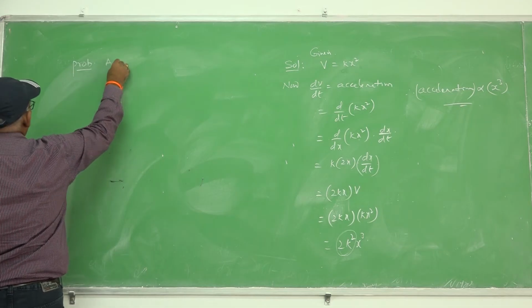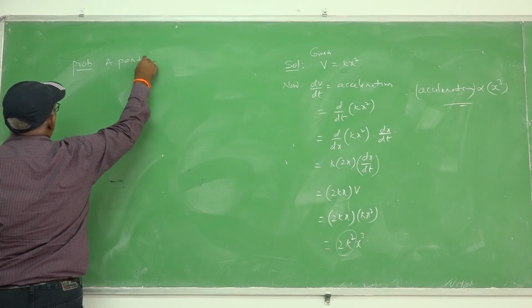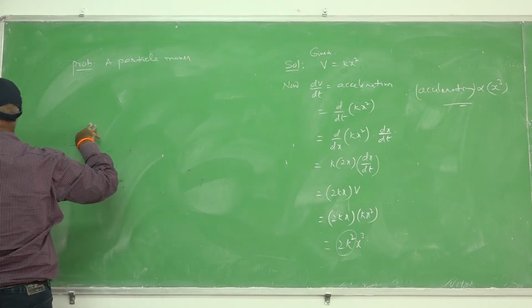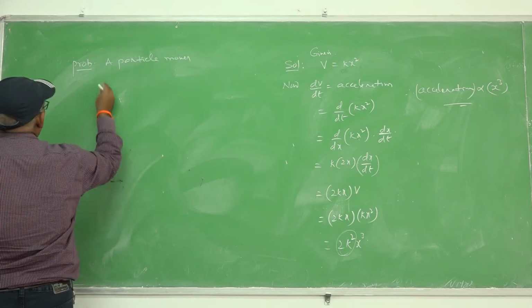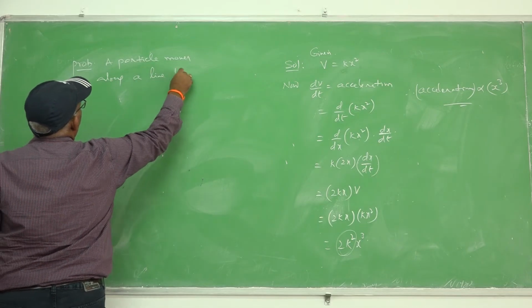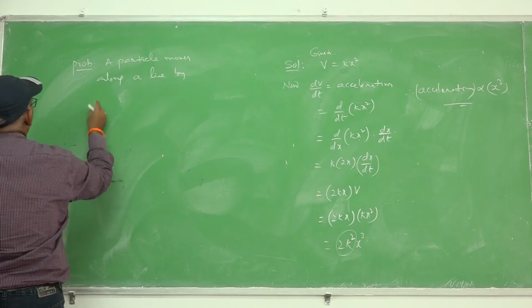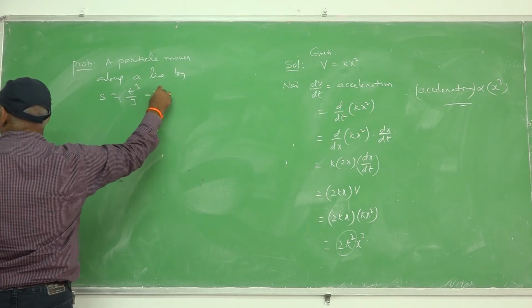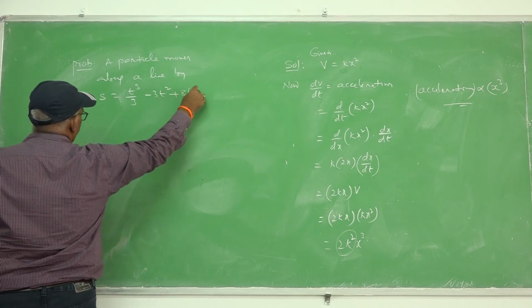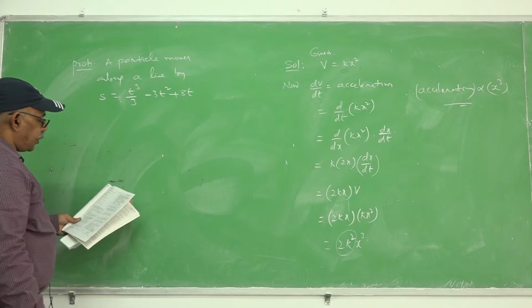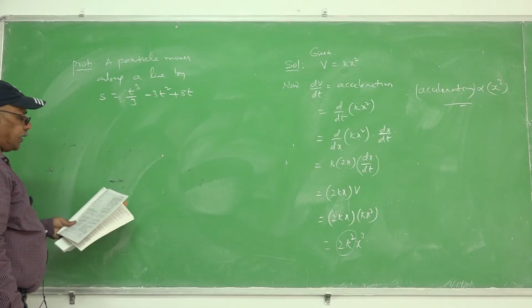A particle moves along a line by s equal to t cube by 3 minus 3t square plus 8t.